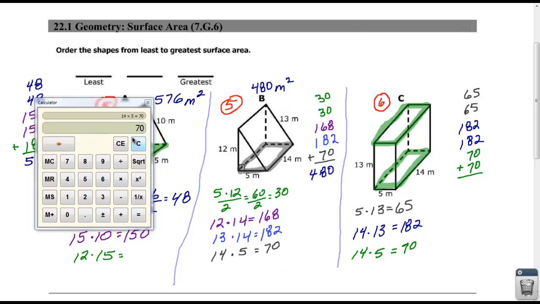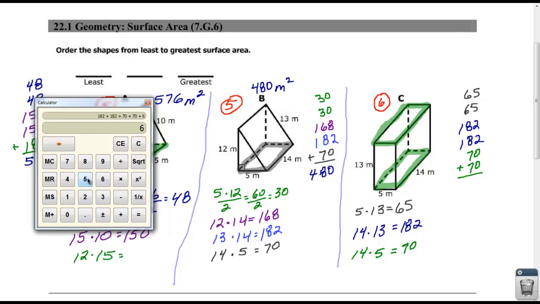Again, this is why rectangular prisms are a little bit easier, because you only have to do 3 calculations to get 6 sides. Okay, so we have 70 plus another 70 plus a 182. Oh, my calculator just, well, let's just start again. Plus a 182. All right, let's put those 70s in. They got erased accidentally.